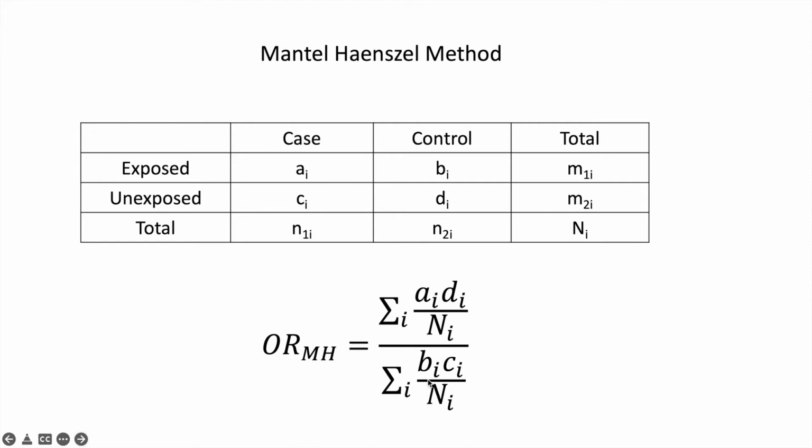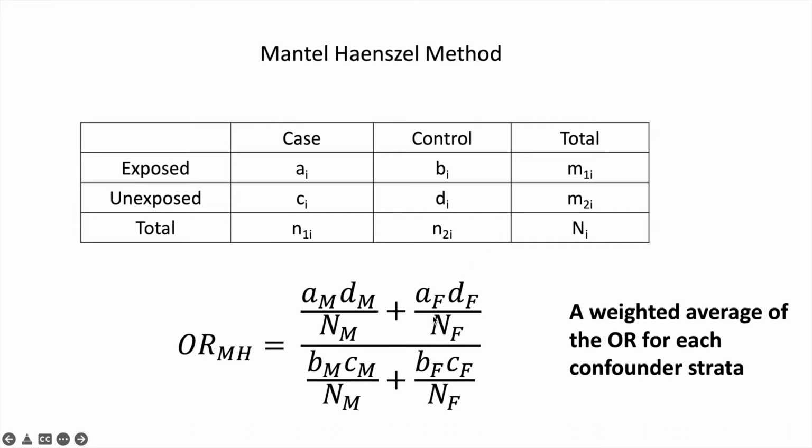And then in the denominator, you multiply B by C, so the exposed controls and the unexposed cases. And then you would do that for the other strata and sum that. That's basically what it would look like if your confounder is males and females, where you would do the same thing for males and females and then add, and then the same thing in the denominator and add. And this is basically a weighted average of the odds ratio for each strata.